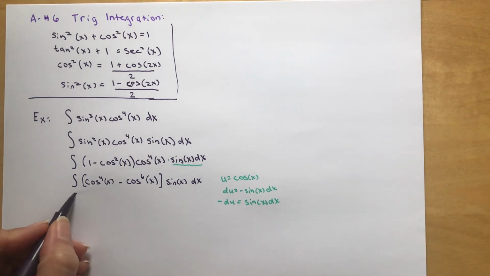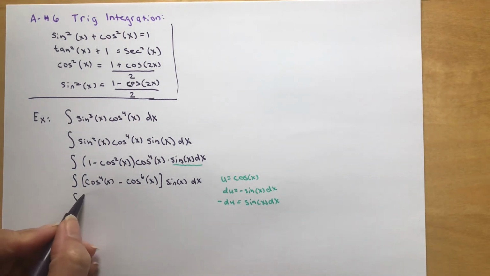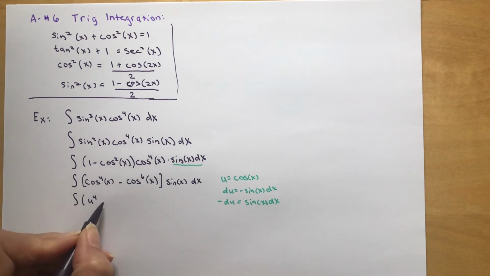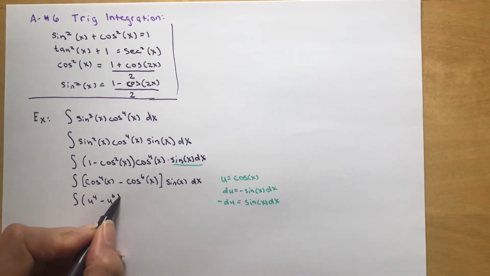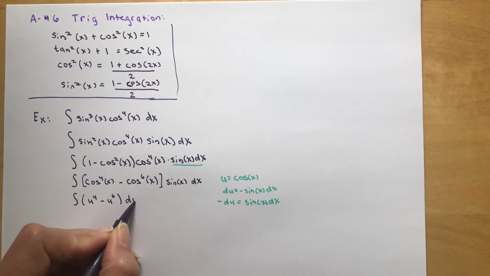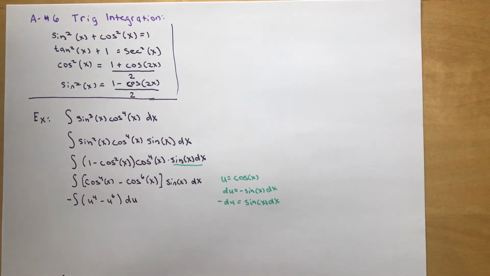And so then this will become u to the 4th minus u to the 6th times du with a negative out in front, which means I could make it u to the 6th minus u to the 4th du.